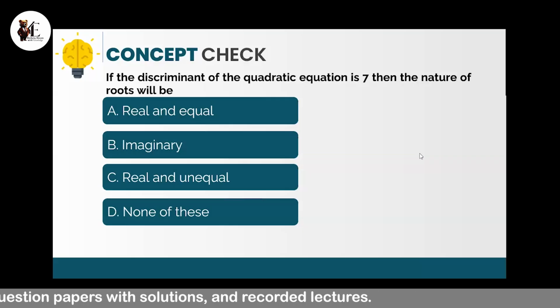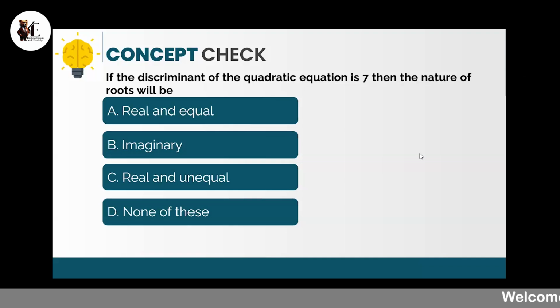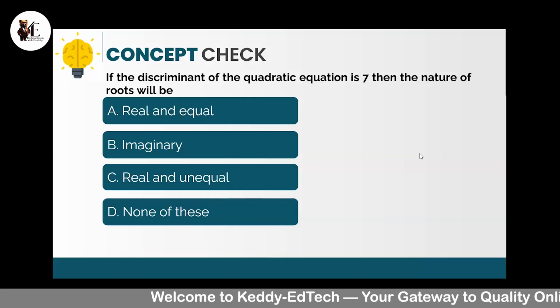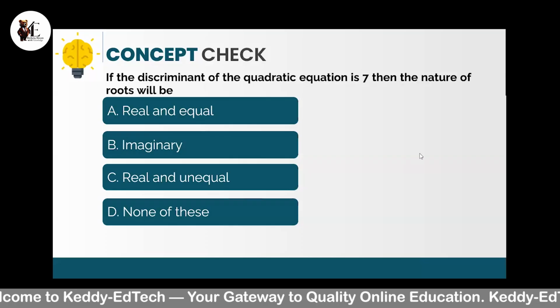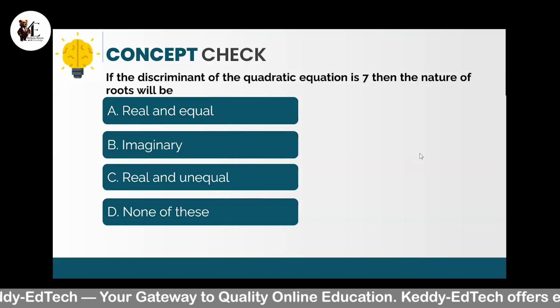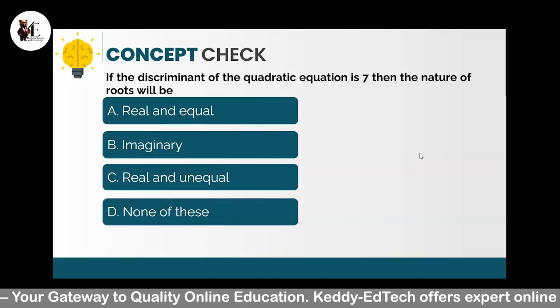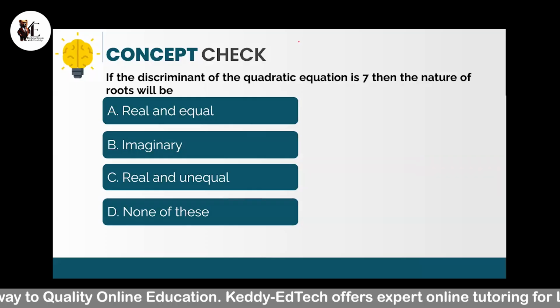Okay, 7, the nature of the roots will be... So in the previous table, there were 3 columns.